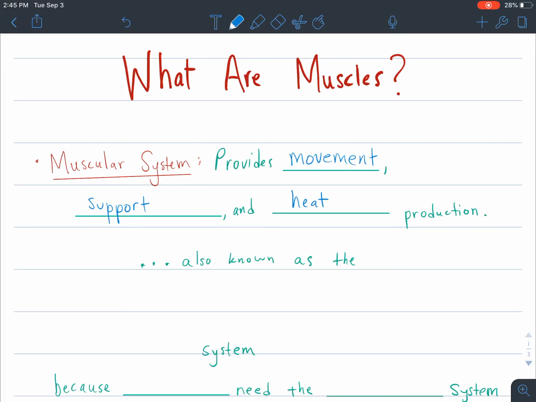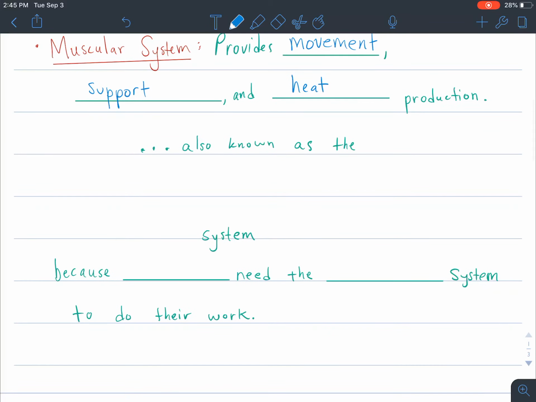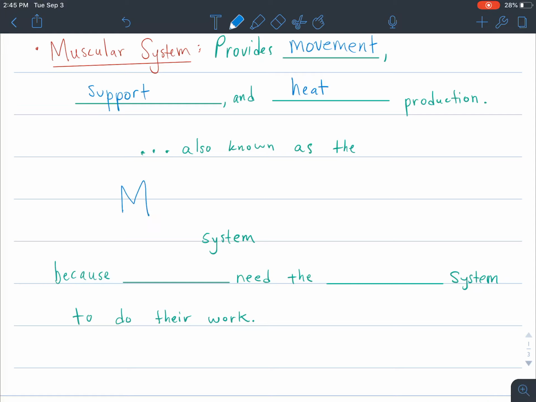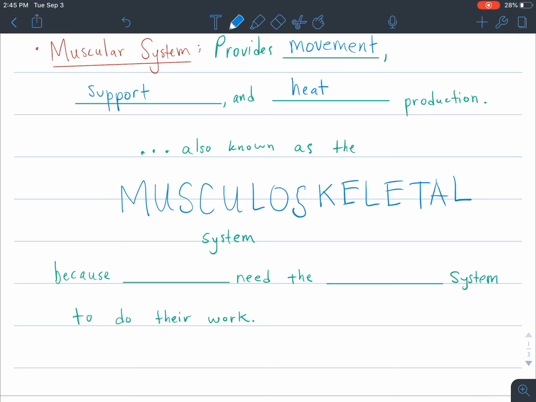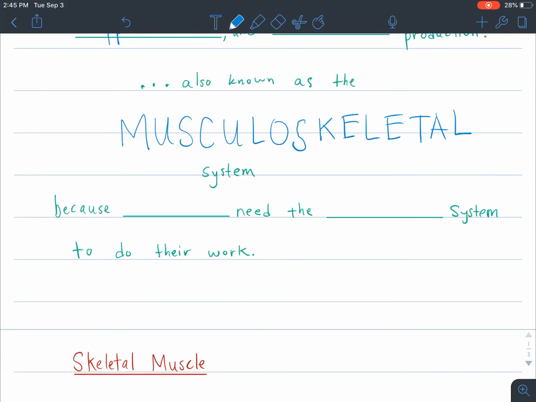So the muscular system, which provides movement, support, and heat production, is also known as the musculoskeletal system. This is a combination of the word muscle and skeletal. It's known as the musculoskeletal system because muscles need the skeletal system in order to do their work.